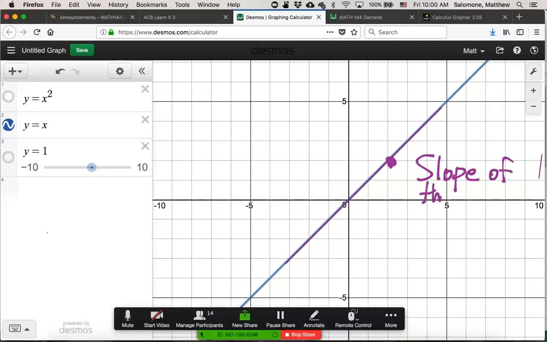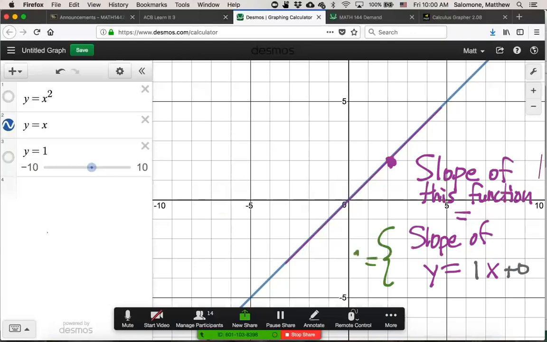The slope of this function is the slope of the line y equals x, and thinking of how y equals x matches the mx plus b template, well, b would be equal to 0 and m would be equal to 1. And so the slope of this is going to equal 1.